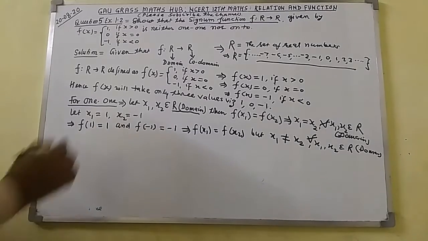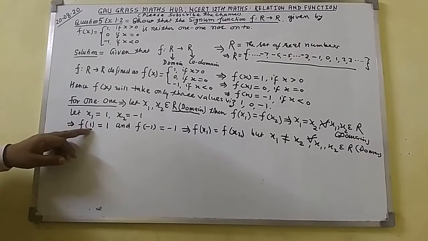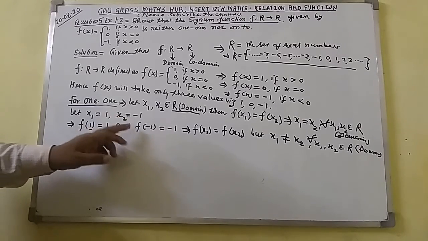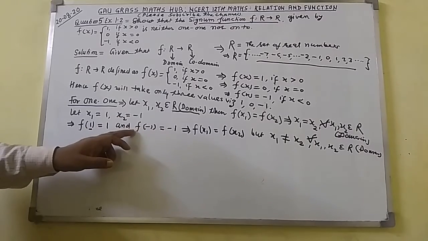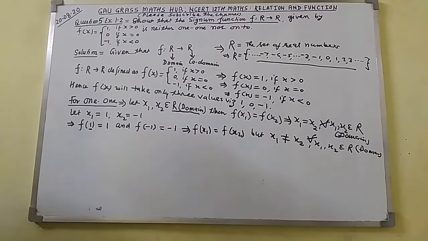So this is the case. Here if you put x1 equal to 1, f of x1 equal to 1, or here if you put x2 equal to -1, f of -1 equal to -1, it has come.